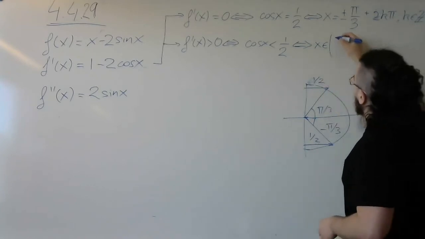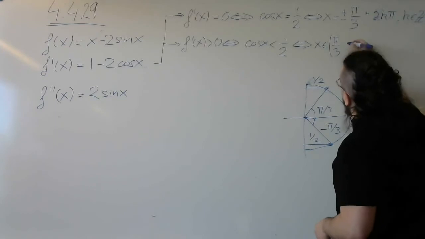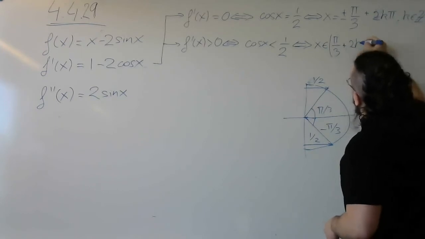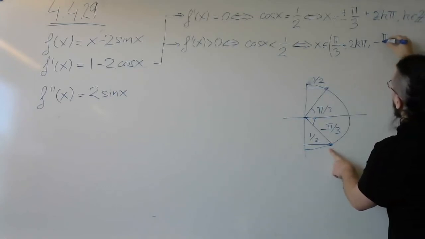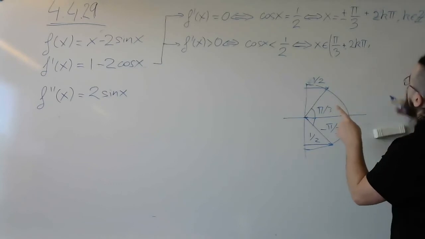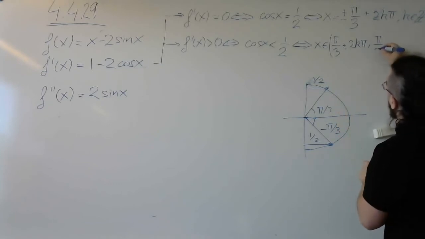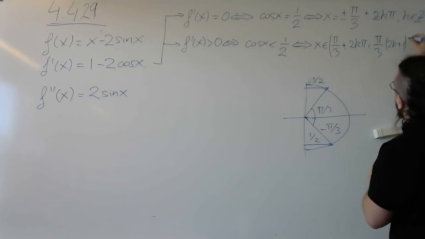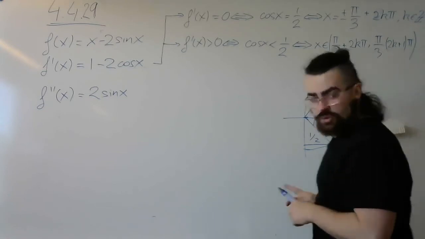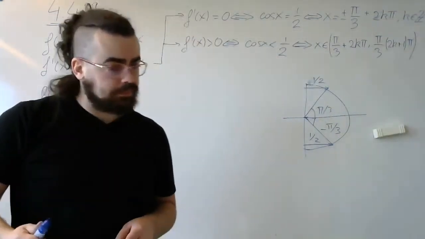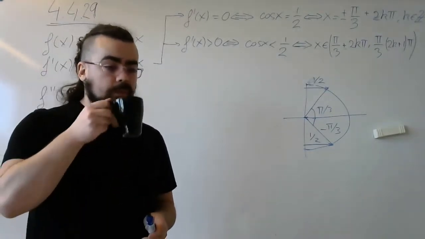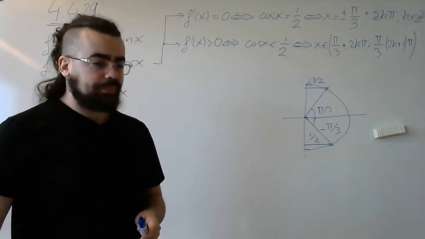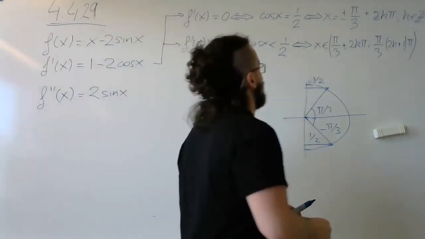So x is between pi thirds and... is this right or wrong? I hate spoiling you the good parts, but this is actually wrong.